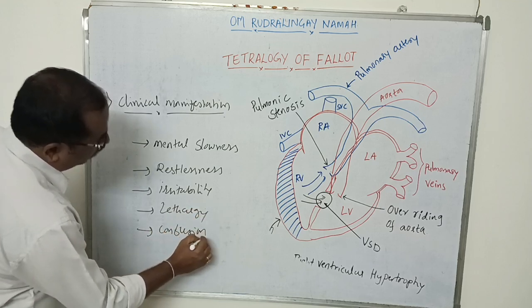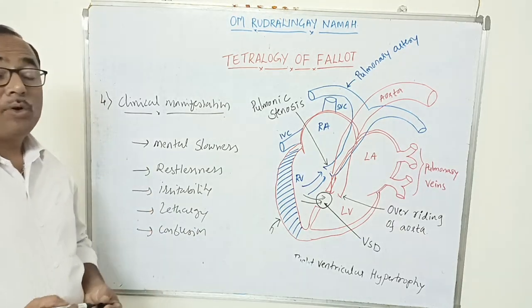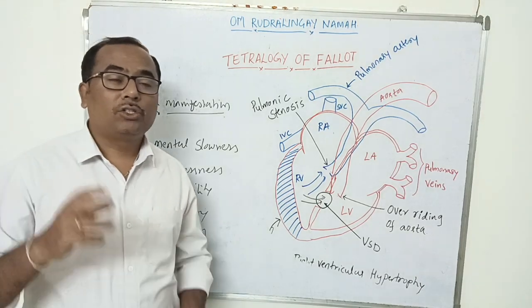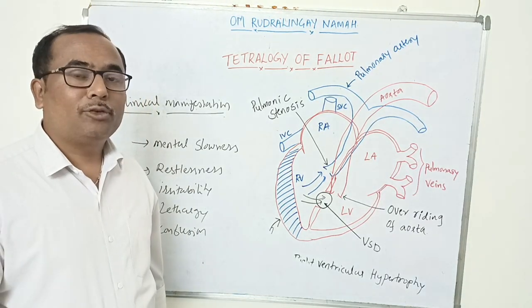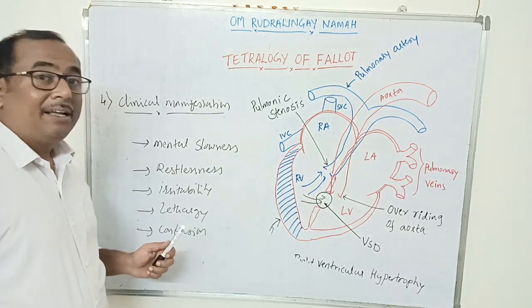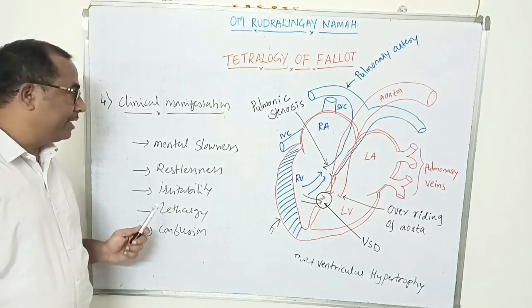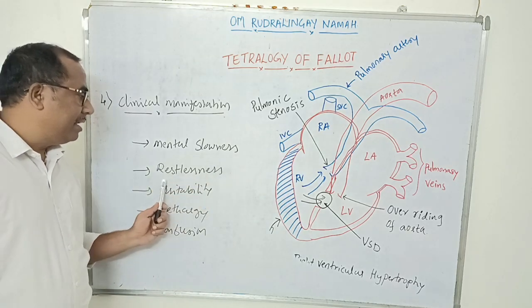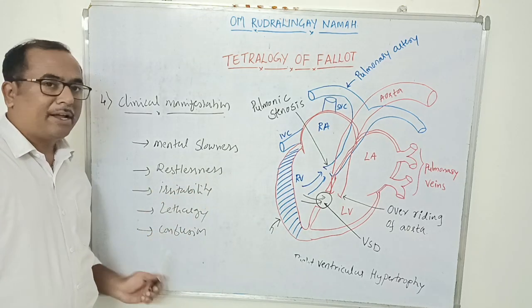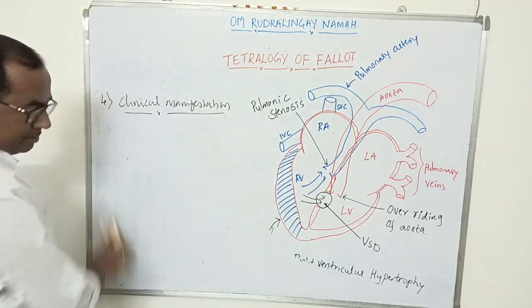Okay, all these are because of decreased oxygen supply to the brain. So because of this, there is a change in the mental status, change in the cognitive functions. Some CNS manifestations we can see in the child, that is mental slowness, restlessness, irritability, lethargy, and confusion.